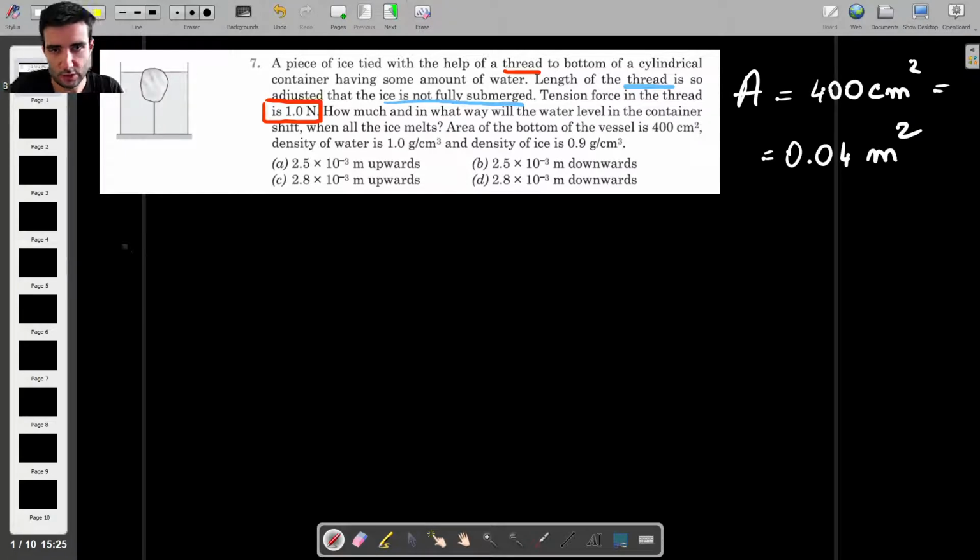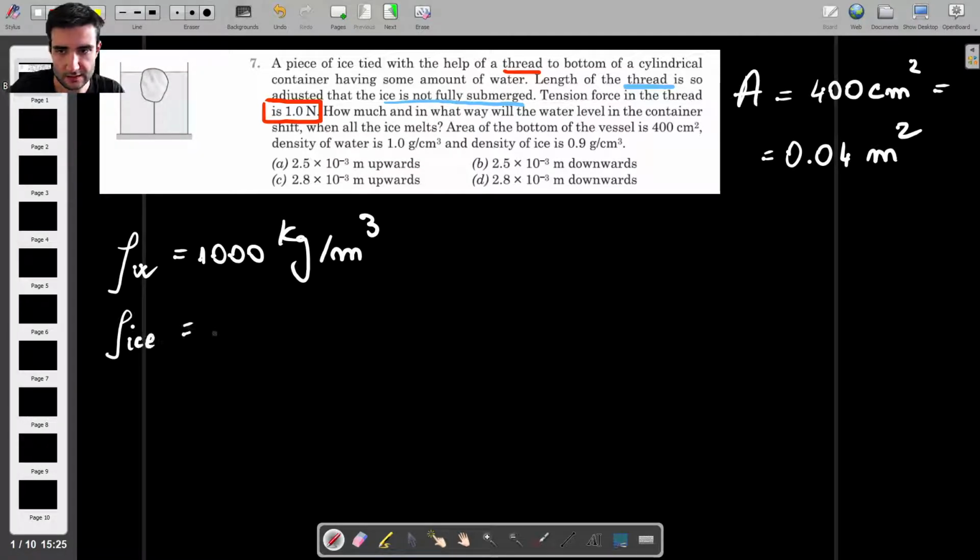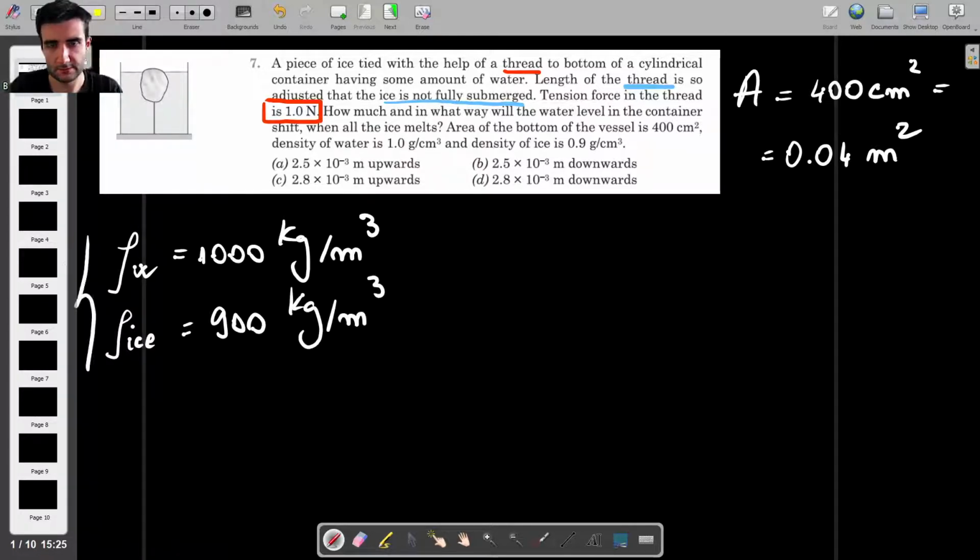We know the density of the water as well as 1000 kilograms per meter cubed. They give it to us as 1 gram per centimeter cubed, but I would recommend converting that. And then the density of ice is slightly less than that of the water, and it's 900 kg per meter cubed. Right. So what happens to the water level when the ice melts?